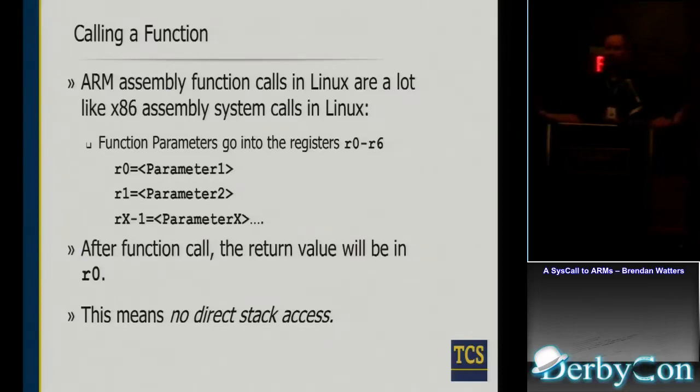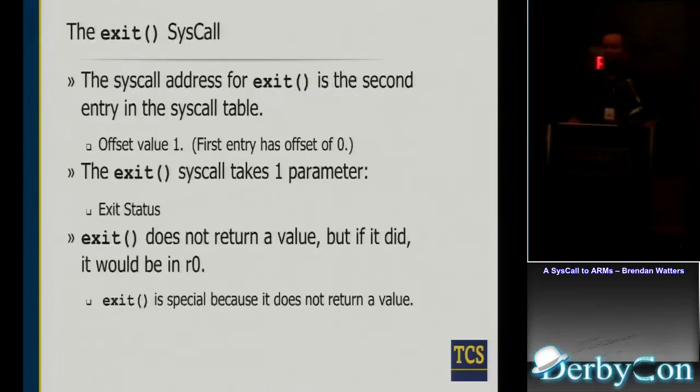Make sense to everybody? Because if you're going to call a syscall, you're going to have to do the data work. Okay. One of the fun things is there is no direct stack access, for those of you who play around with Windows assembly. This has been a refreshing change, right? You don't have to worry about the prologue anymore nearly as much.